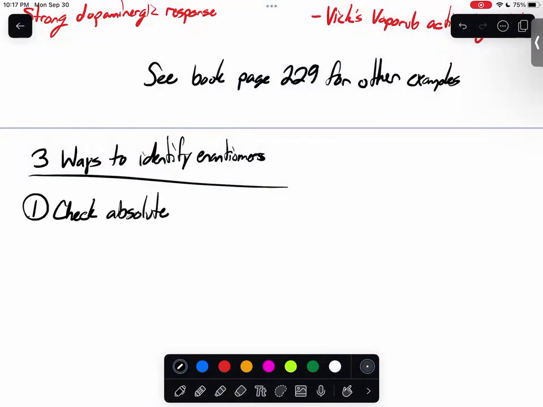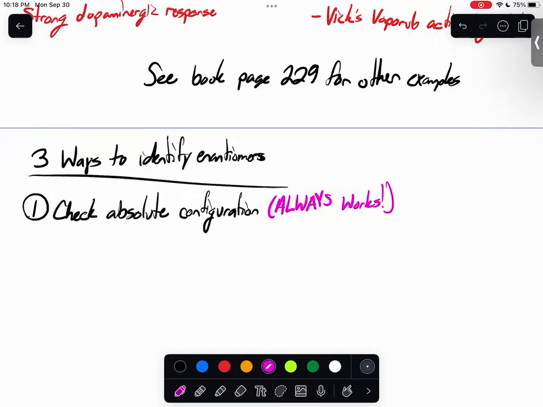Right? The important thing about this method is that, funny enough, it always works. This is why when I explained absolute configuration last lecture, I said that if you understand how to do absolute configuration, everything is going to be easy for you. Okay?